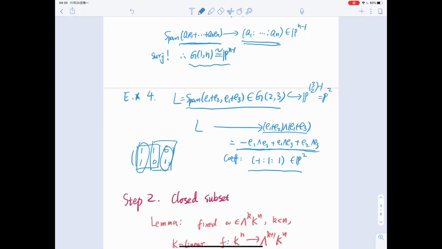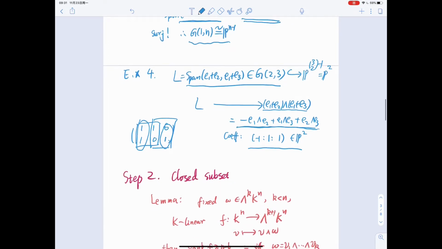Note that a change of this spanning vector will perform a row operation on this matrix, which changes the maximal minors by a common constant factor. This shows that the homogeneous Plücker coordinates of L are well defined.